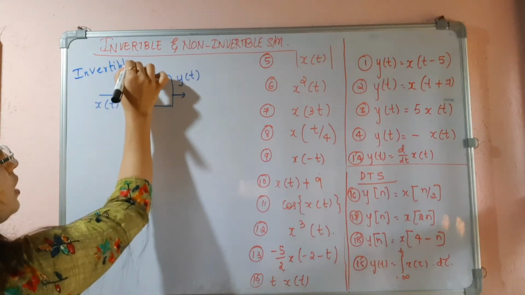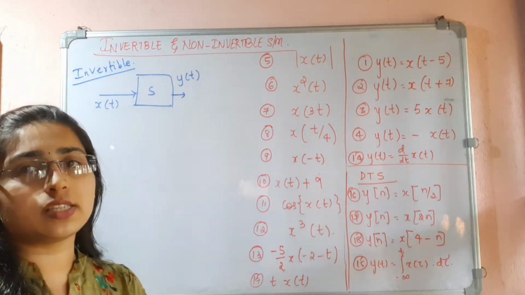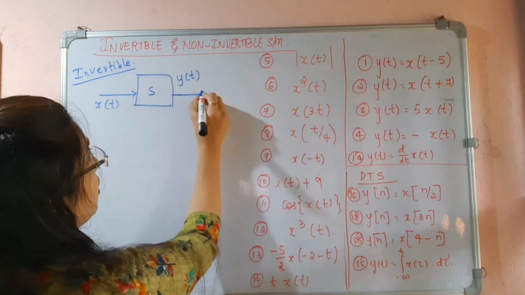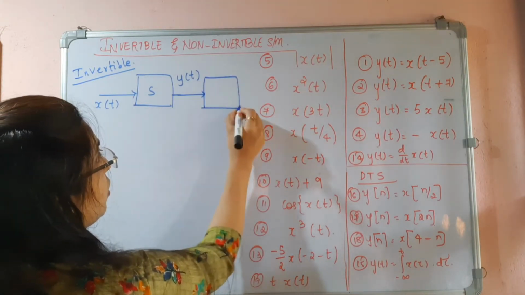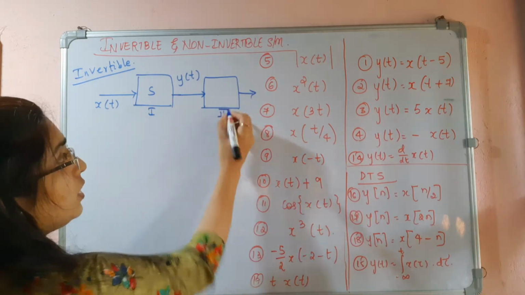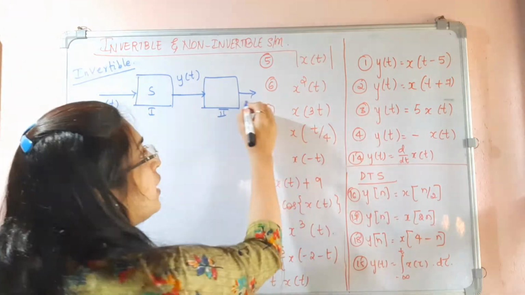So if the system is invertible, then the inverse system also exists. I will consider another system here. The output of this first system is given to the second system, which produces the output z of t.